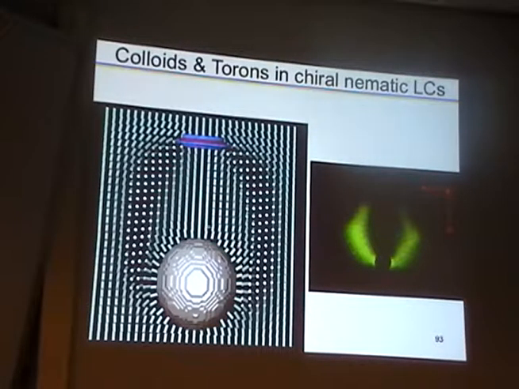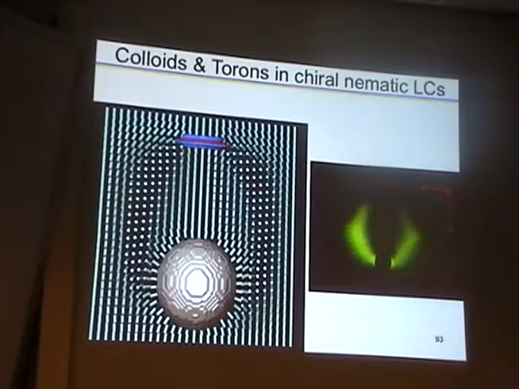And so now we have, however, a particle with perpendicular surface anchoring. And so we again generate this solitonic structure, which is essentially a loop of double twist cylinder, and this can be seen both in experiments. This is a cross-sectional image, and also in numerical modeling.